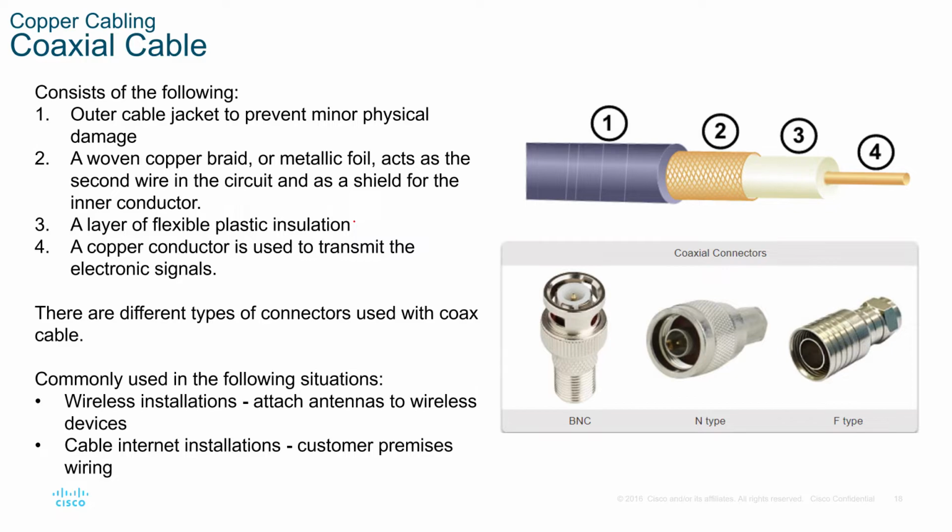Some of the connectors you may have seen before. The F-type is most commonly seen for cable television. The N-type is most commonly used in wireless, going to an antenna.